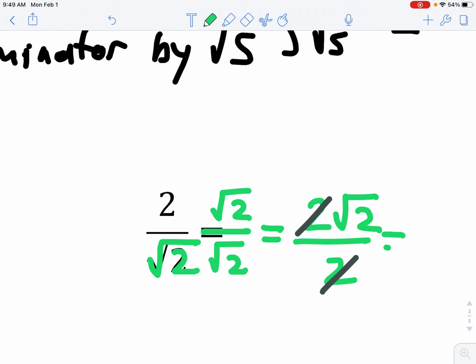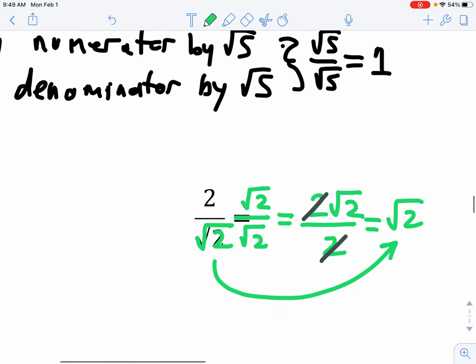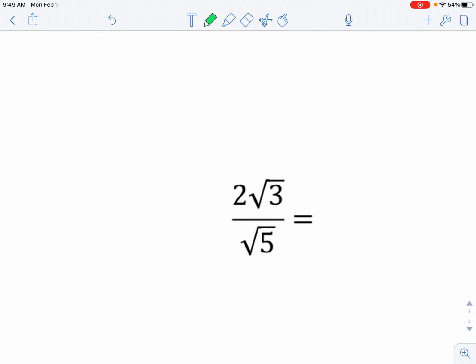The 2's kill each other, they're dead, they're gone, they're never coming back. We're left with just radical 2. So in this case, 2 radical 2 over 2 simplifies to just radical 2. This one was a little bit nicer and cleaner. And again, this is us mathematicians, this is kind of like reducing a fraction, simplifying a radical. Think of it as the same.